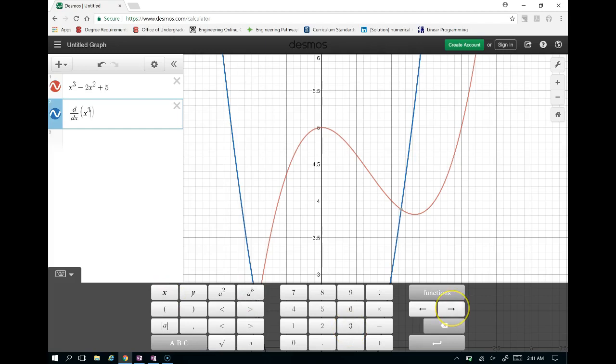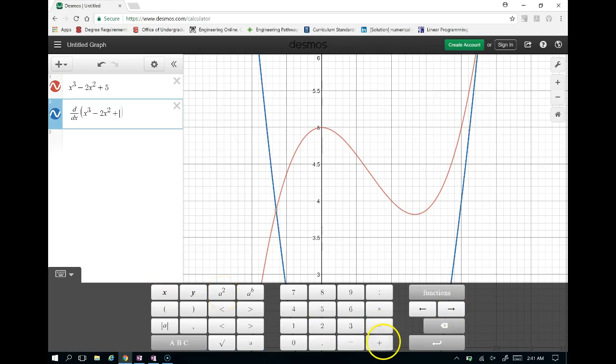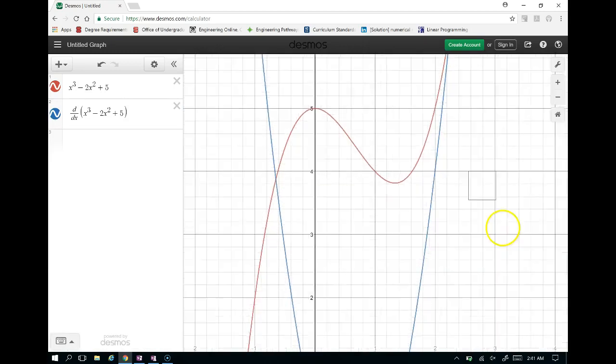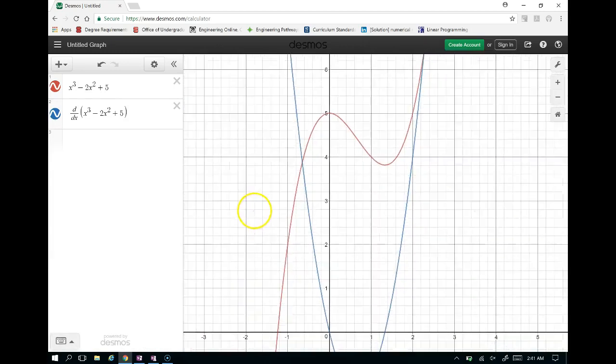x cubed minus 2x squared plus 5. So the blue graph is the derivative graph, the red graph is the original. And let's look here and see what's happening.